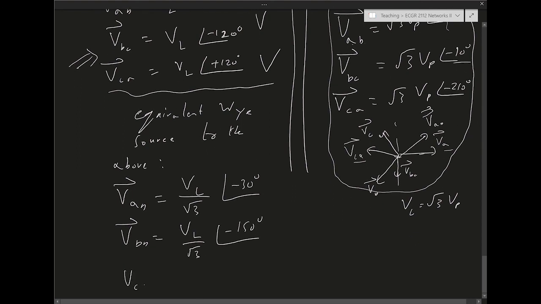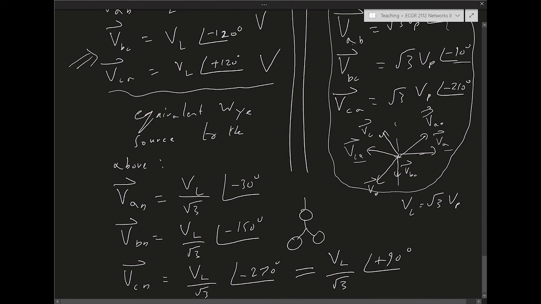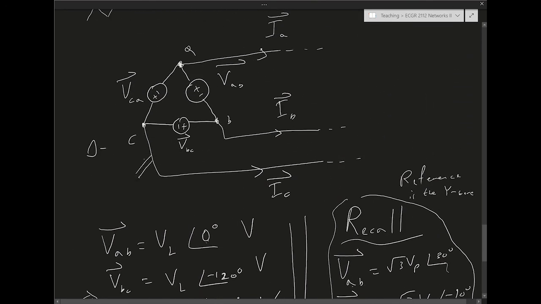And then VCN equals VL over square root of 3 at minus 240 minus 30, which is minus 270 degrees, which is equivalent to VL over square root of 3 at plus 90 degrees. Minus 270 is the same angle as plus 90. So this is the three-phase Y source that is equivalent to this delta source.